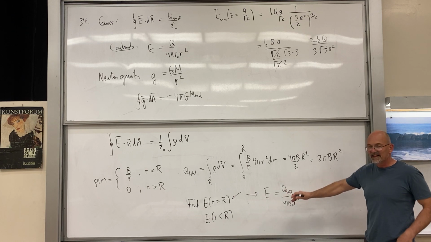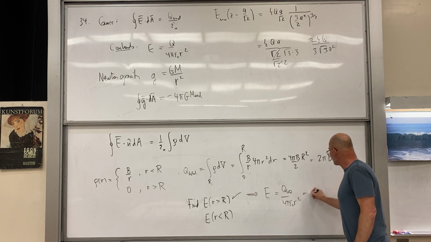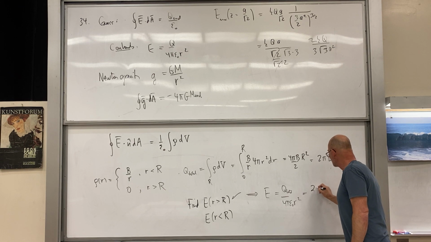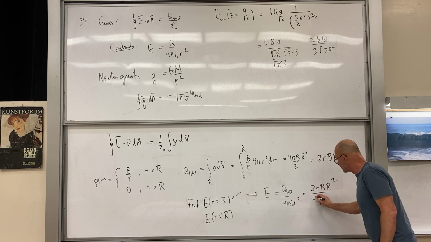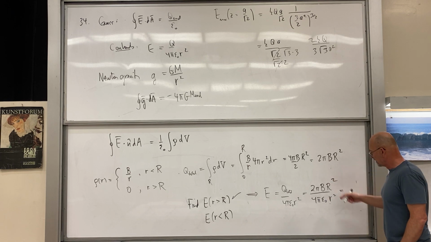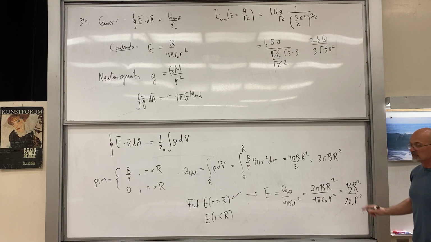Because once you're outside, it's just like a point charge, a spherical charge distribution. But we can go ahead and plug this in, so we'll have 2 pi B R squared over 4 pi epsilon naught lowercase r squared, and we end up with B R squared over 2 epsilon naught lowercase r squared. So that's the one.